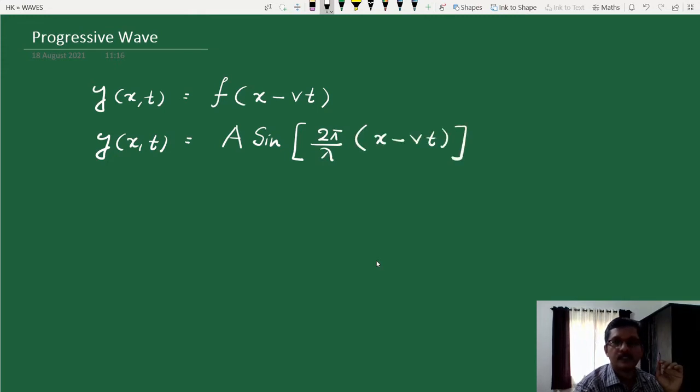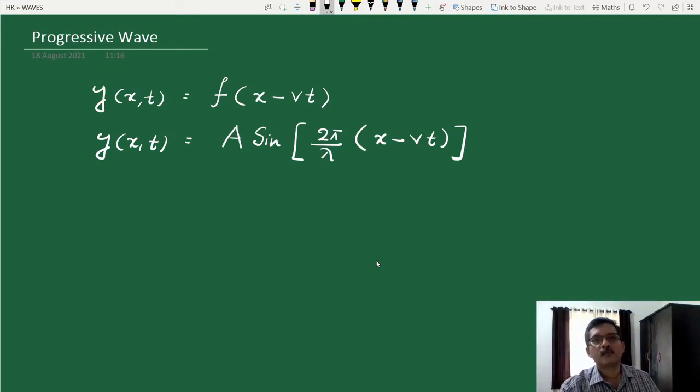You can see that this x minus vt comes in the phase. This 2 pi by lambda into x minus vt is the phase angle of the wave motion, and in the phase angle, position and time appear in this combination x minus vt. This shows that the wave is traveling in the plus x direction. How can we deduce that? For that you refer to the previous class, where we used physical arguments to arrive at this expression.